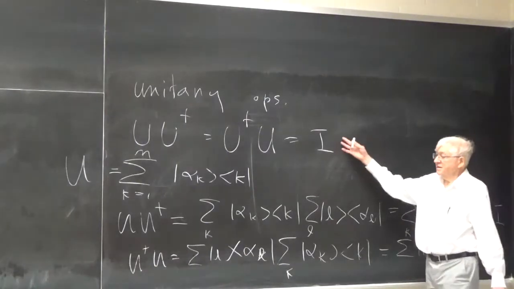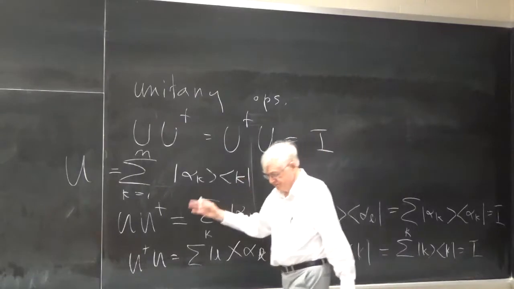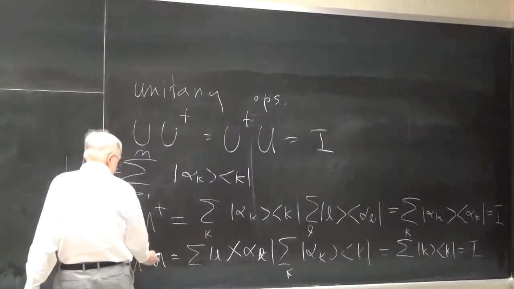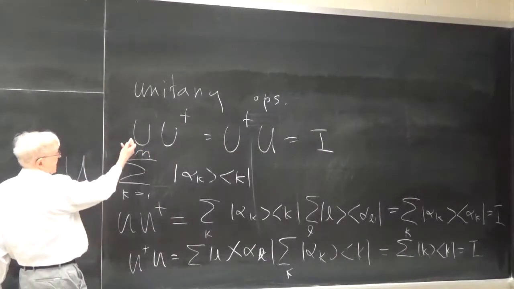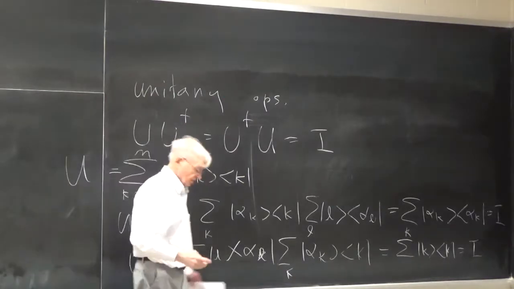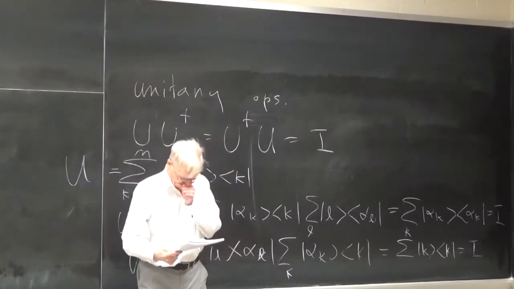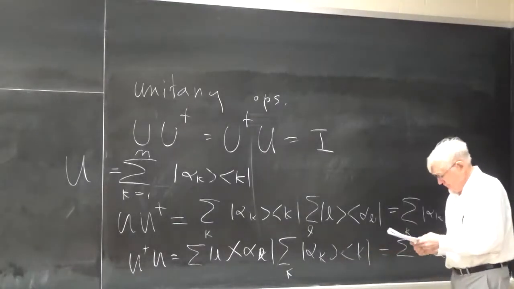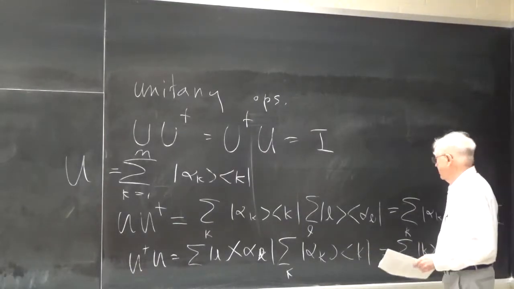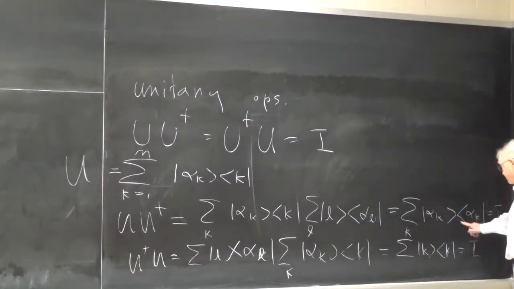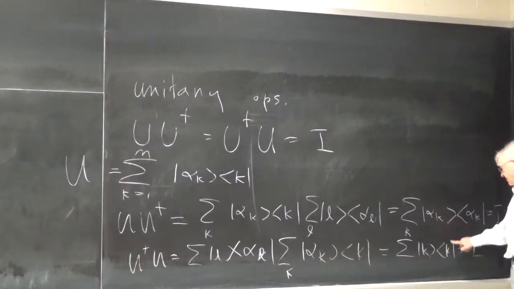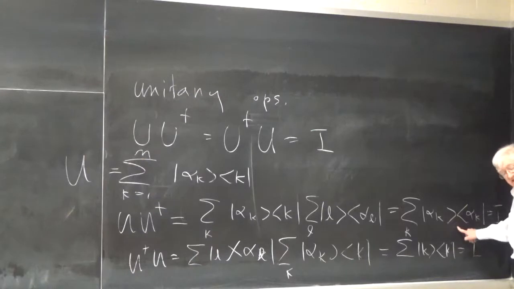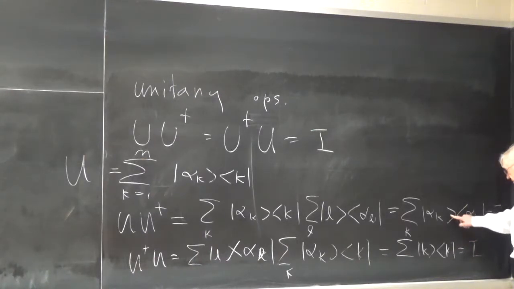So this operator satisfies the two conditions for being a unitary operator. Of course, what I've assumed here is that the outer product of any set of orthonormal basis vectors, any complete orthonormal set of vectors, gives you the identity operator for that state.